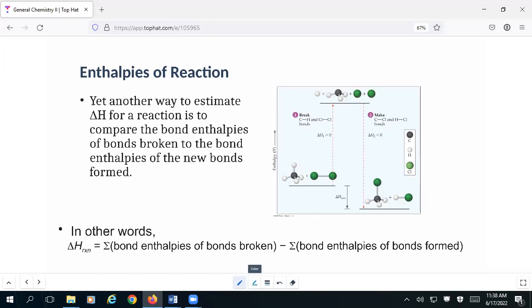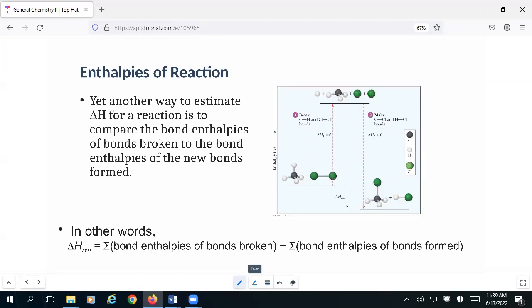Breaking those bonds is going to require energy. That's part of what we see in activation energy. We also know that forming those new bonds will release energy as the unstable, unassociated atoms start to combine with each other, and they release their energy as they become more stable.